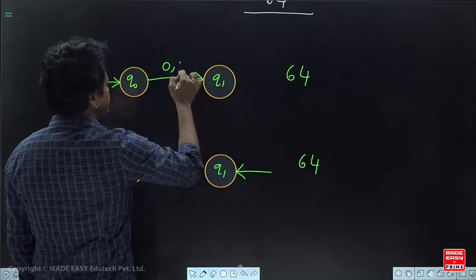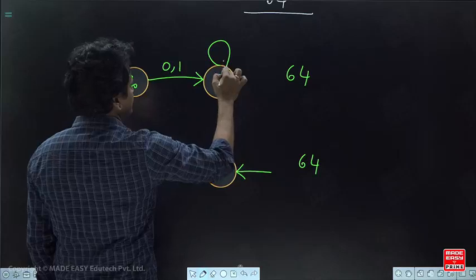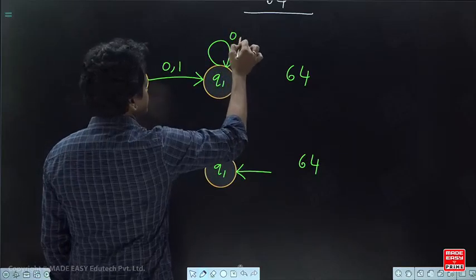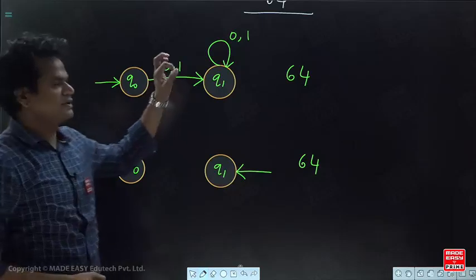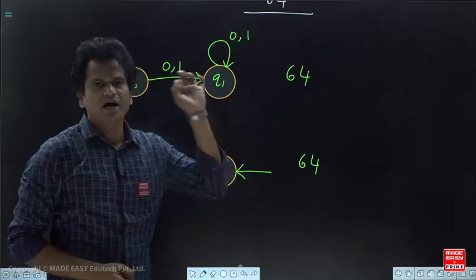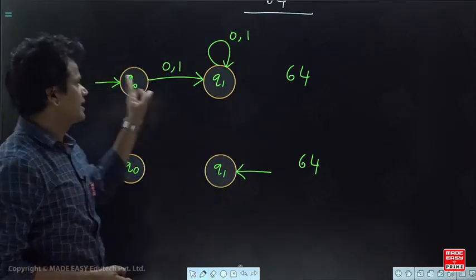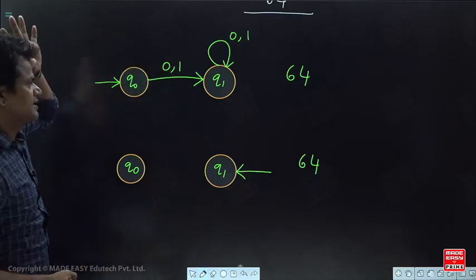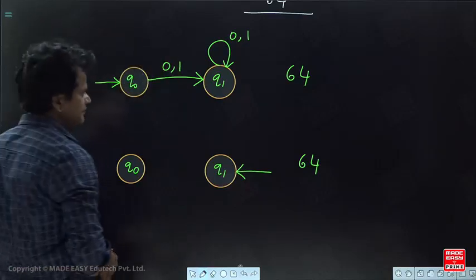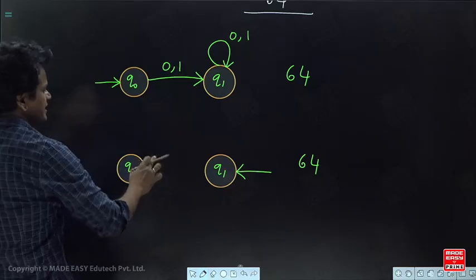Now tell me, is this DFA or not? Are you following? Is this valid or invalid? It is a DFA.